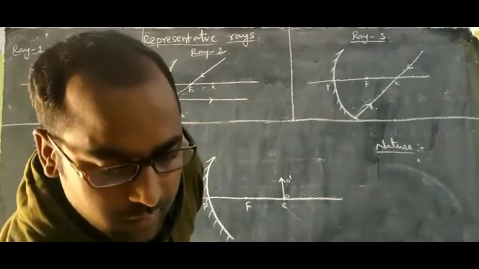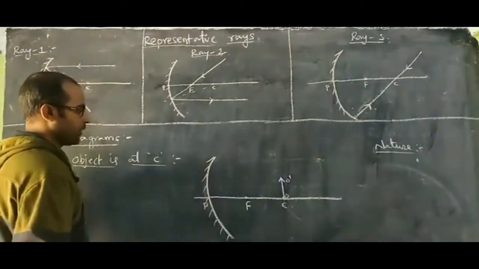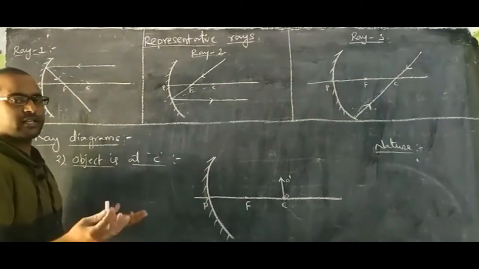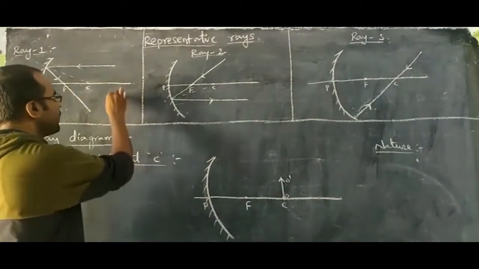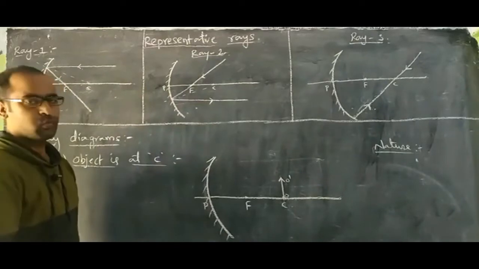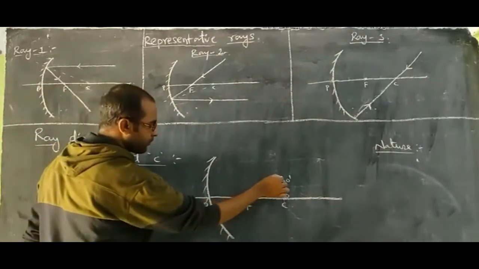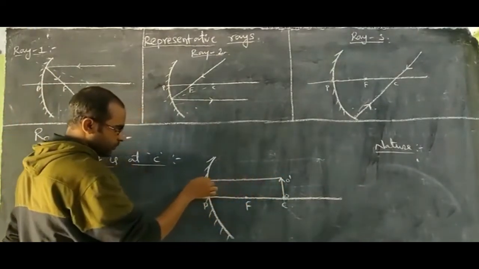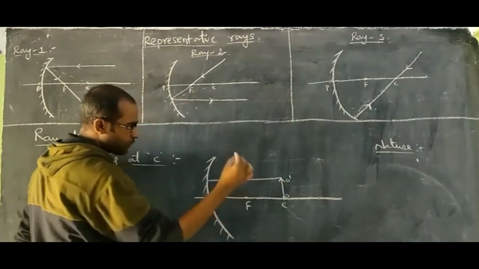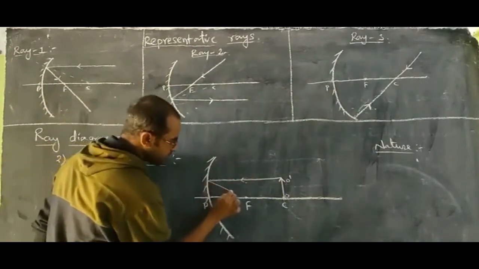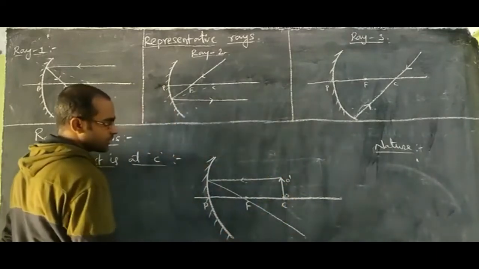Next, let us take the representative rays, ray 1 and ray 2. Ray 1 is a ray passing parallel to the principal axis, and after reflection it passes through the focus.